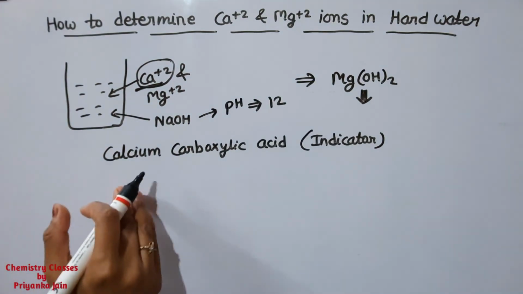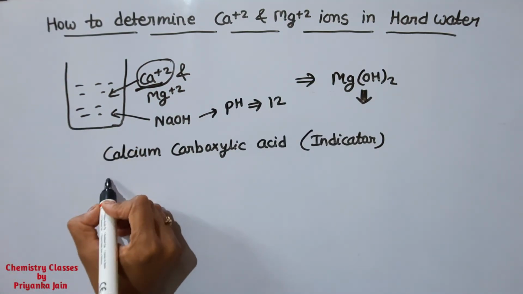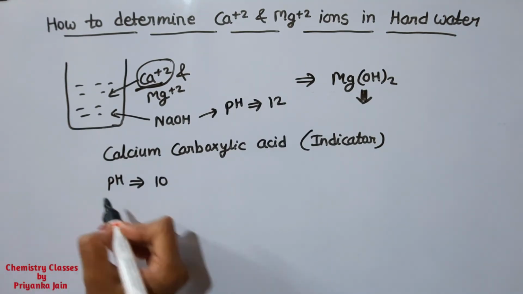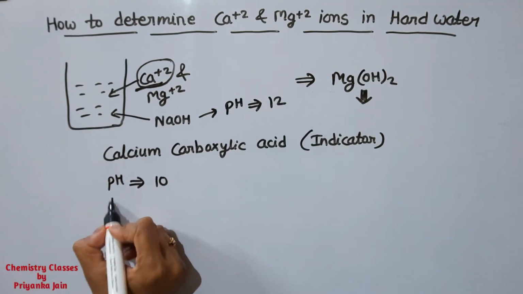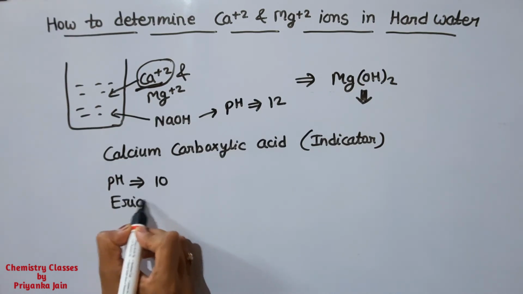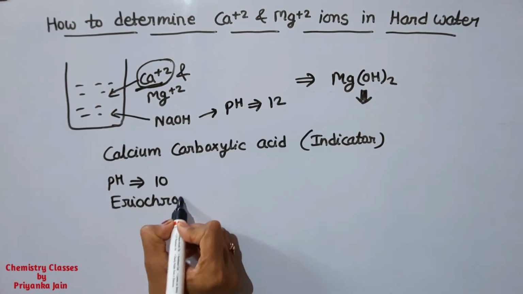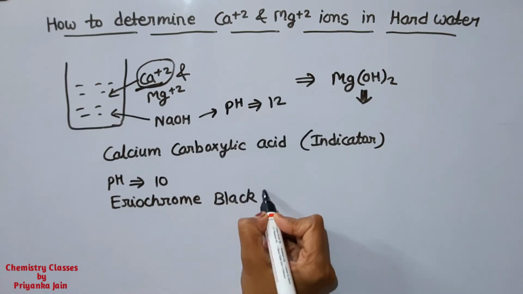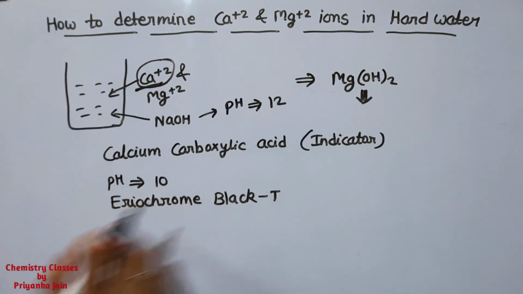Now we have to adjust the pH to 10, and then we use the indicator Eriochrome Black T at the pH of 10.